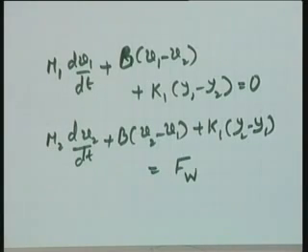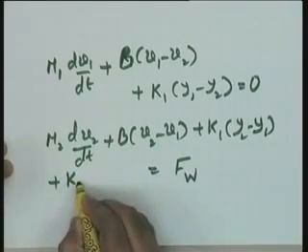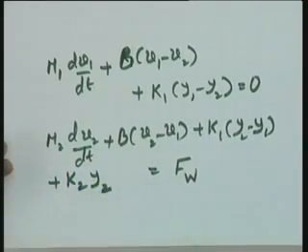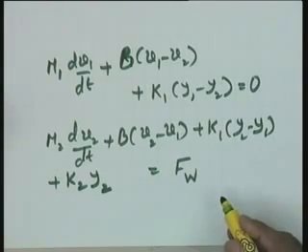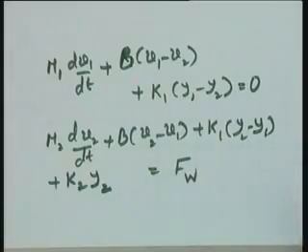Yes, I have missed another force here, plus K2 y2 equal to Fw. y2 is the displacement of the mass m2. So, this becomes the second equation, which is the equation at node 2, the force balance equation, keeping in mind that force is analogous to current. I have taken the currents entering the node equal to currents leaving the node. This is what I have done. I hope this is okay.